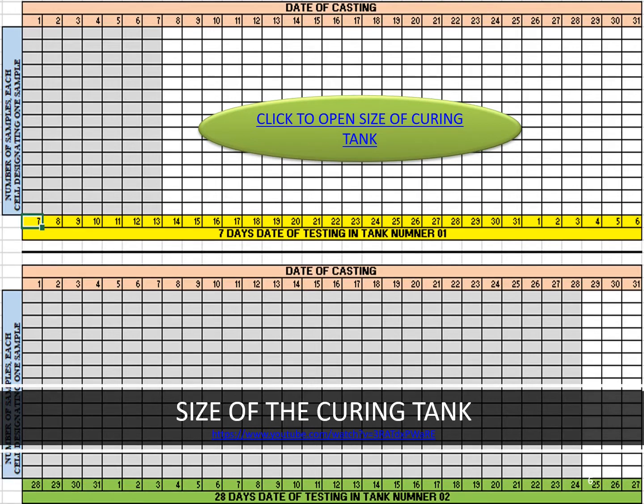A detailed calculation is explained in the module related to the estimation of the size of the curing tank. If you have not gone through that, I recommend that you see that module also, to get clarity on what the size of the curing tank should be at your project sites.